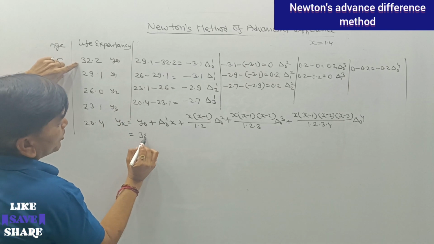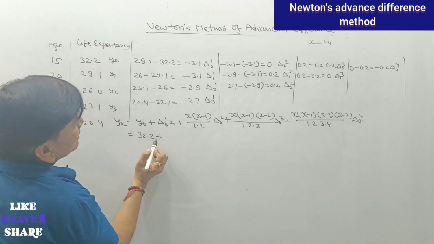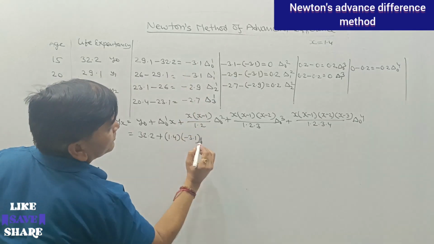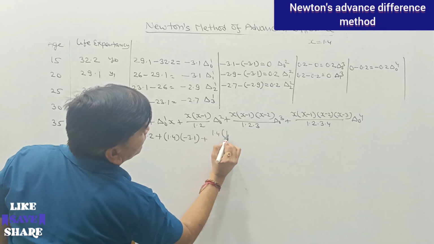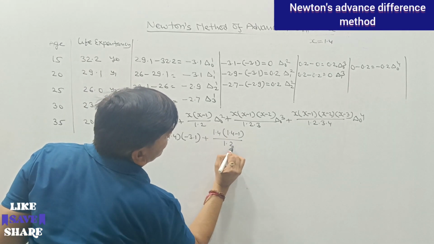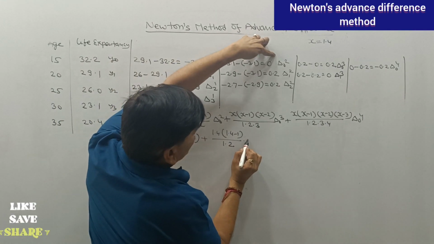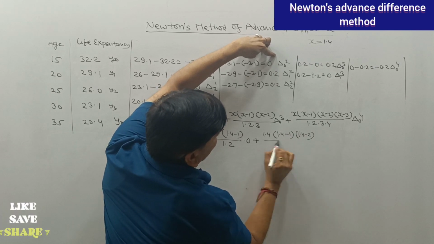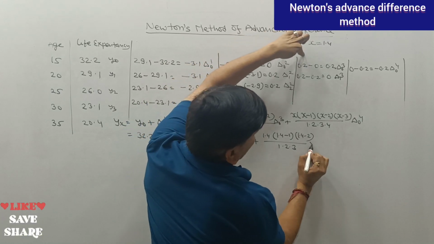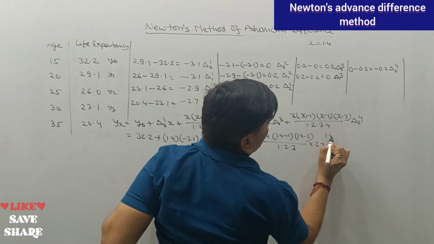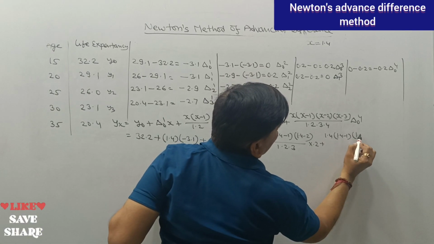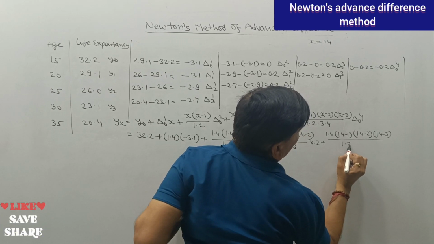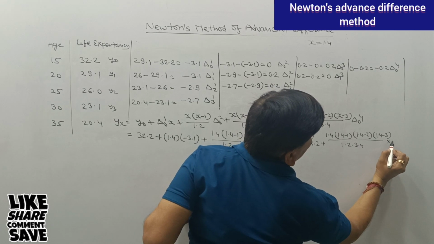So y0 is 32.2 plus delta 0 1 and x value is 1.4 and this is minus 3.1, this plus x value is 1.4 and 1.4 minus 1 divided by 1 multiply 2, and delta 0 2 value is 0, plus 1.4 minus 1, 1.4 minus 2 upon 1 multiply 2 multiply 3 multiply 0.2, plus 1.4 multiply 1, 1.4 multiply 2, 1.4 multiply minus 3, sorry, divided 1 2 3 4 and delta 0 4, that is minus 0.2.